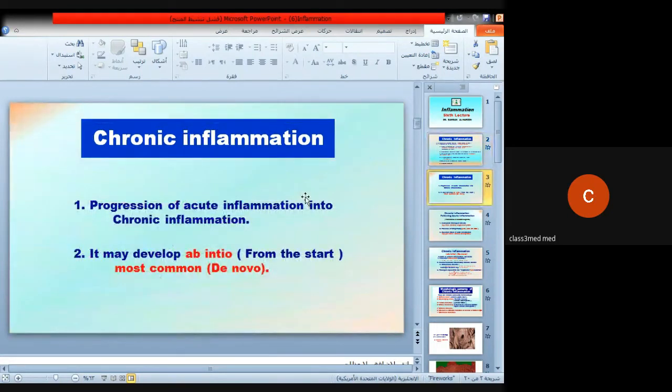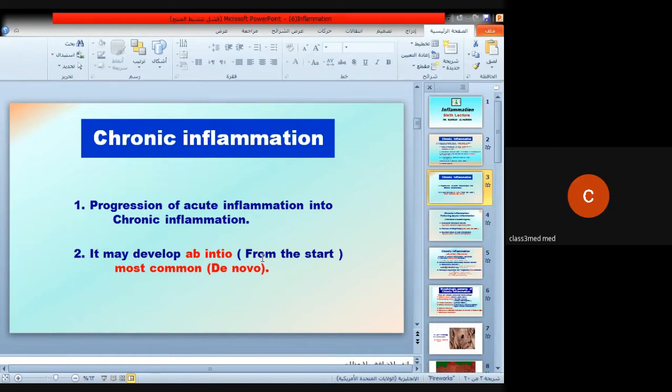How does chronic inflammation arise? Either from progression of acute inflammation into chronic inflammation, due to persistence of the causative agent, or it may develop or start ab initio or de novo. These are Latin words. What do ab initio or de novo mean?